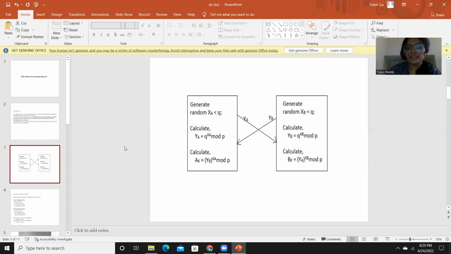So step number 3 is where the first party does the same. It selects a secret number B and calculates the result similar to step 2. Then the result is sent to the second party. The second party takes the received number B and calculates B to the power A mod P. This is where it gets interesting.